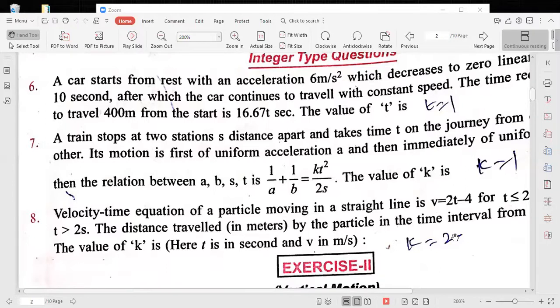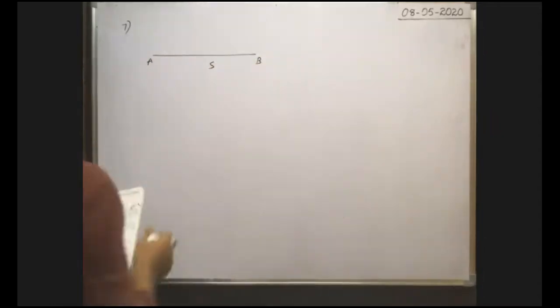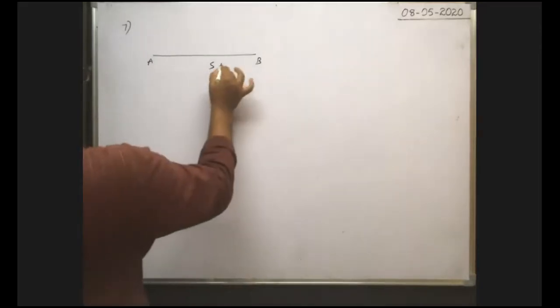Okay, now look at me, look at the board. So here, 7th problem. A train stops at 2 stations s distance apart. Here you see, there are 2 stations A and B. These 2 are separated by a distance s that is given. The train takes t seconds for the journey from one station to other, so total time taken is t.